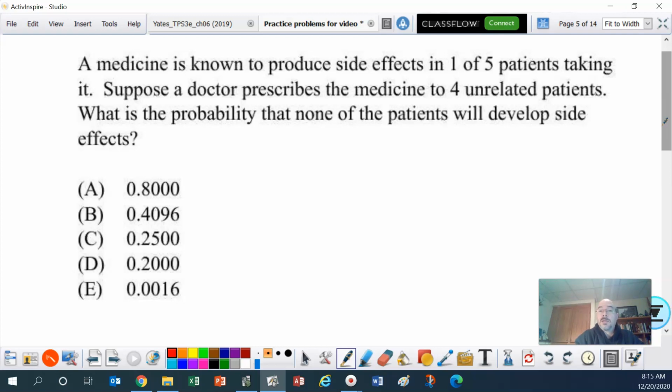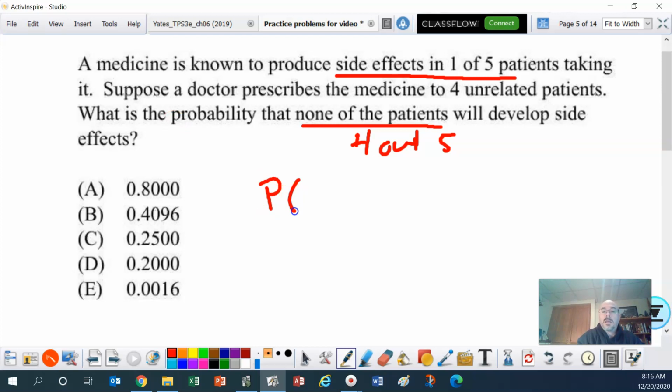But the question is, what is the probability that none of the patients will develop side effects? So that means 4 out of 5 for each patient. So the probability that none of them will is going to equal 4/5.